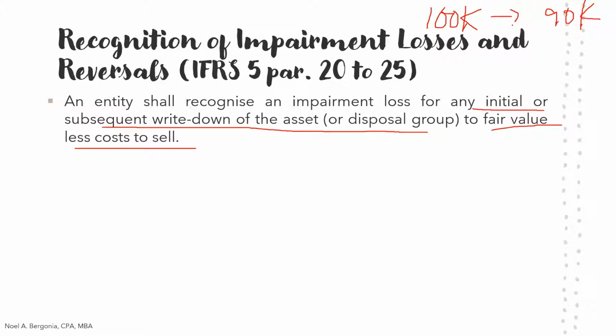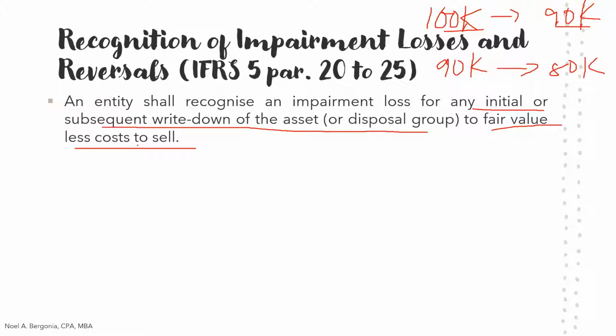Okay? So ayan, may impairment loss tayo, which is the difference of the amount written down from carrying amount to the fair value less cost to sell, or baka initially na-recognize mo siya as fair value less cost to sell. But as time goes by, at the end of the reporting period, hindi pa naman na-dispose, at the next valuation, if you have one, bumaba pa ulit, then that would be an additional impairment loss to be recognized.